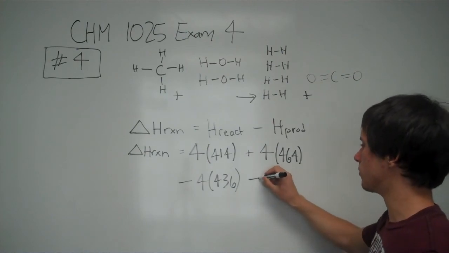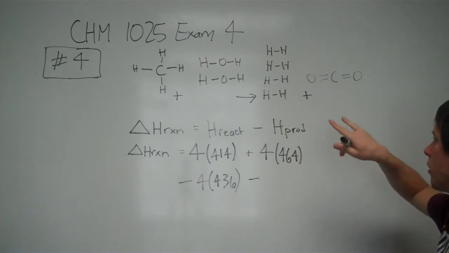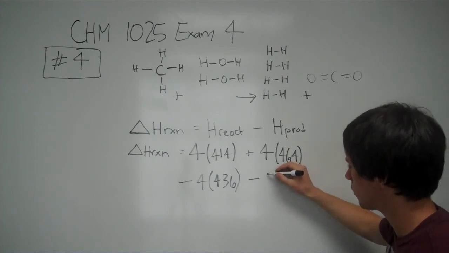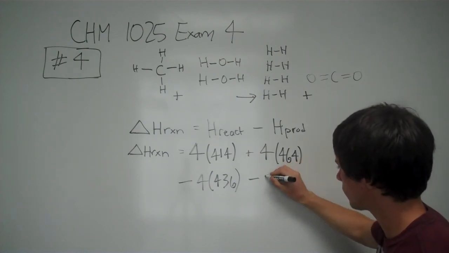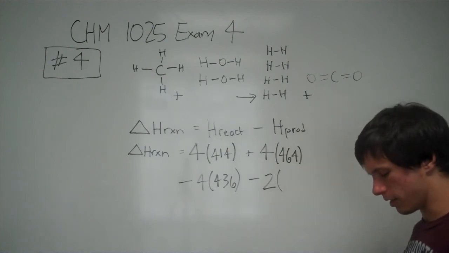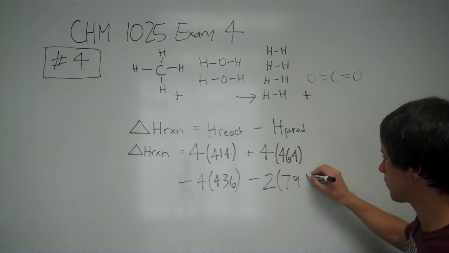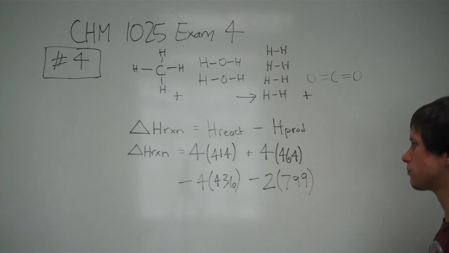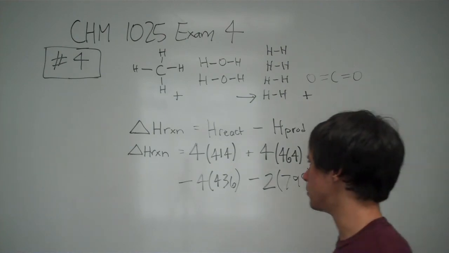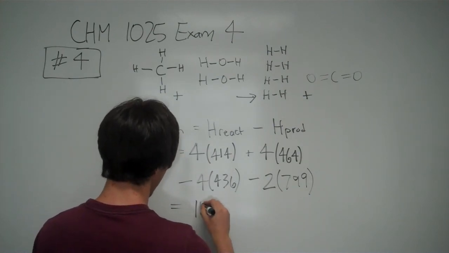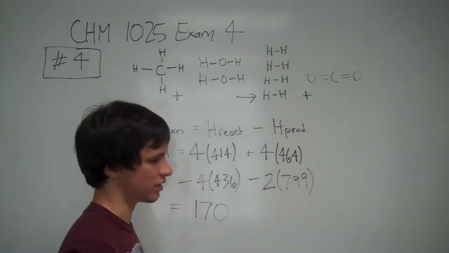And lastly, we're going to subtract 2 carbon-oxygen double bonds. 1, 2. So subtract 2 times 799. And when you add and subtract this all up, you should get 170. So that's answer choice 2.